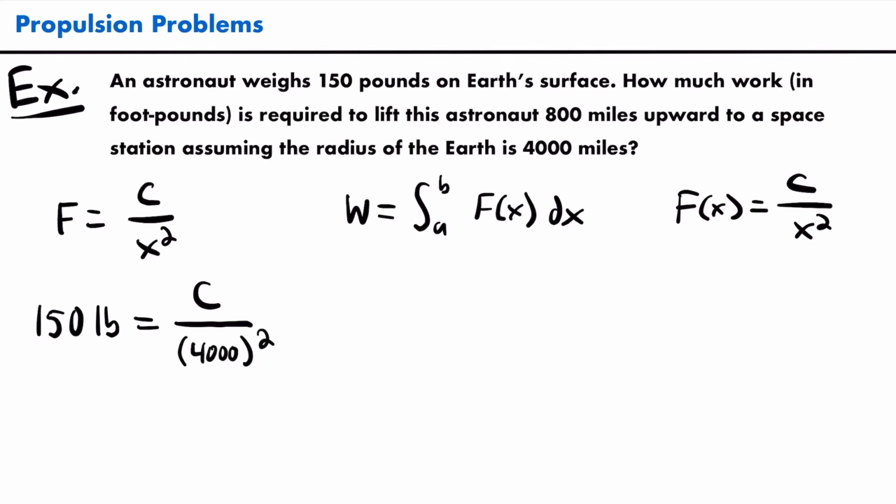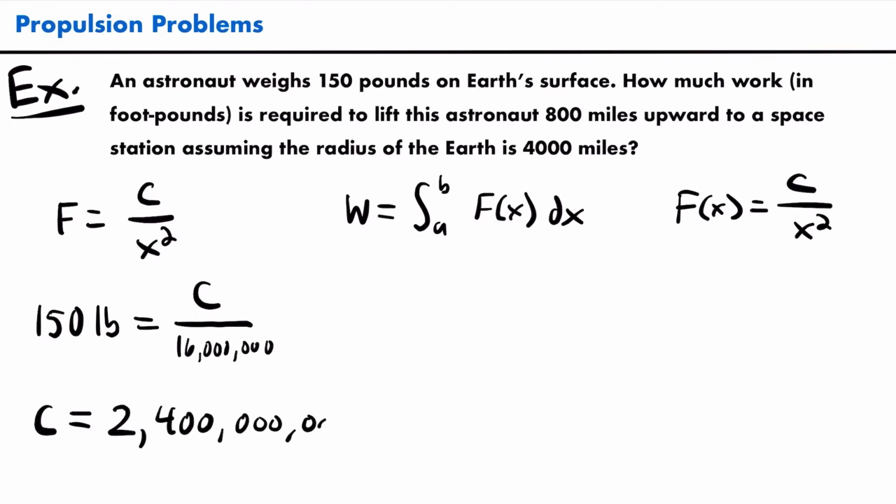All right, and so now we can solve for our constant of proportionality. We can square 4,000, which is equal to 16 million. And then we can multiply both sides by 16 million to get our constant of proportionality. And so C will be equal to 150 times 16 million, which will be 2,400,000,000.